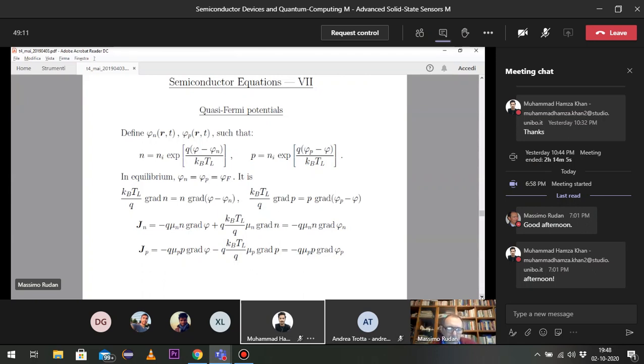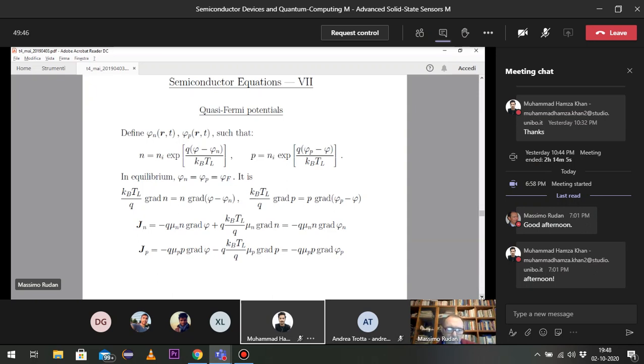And the gradient of the exponent is the gradient of (phi minus phi n) times q over kT, and the q over kT is shifted to the left, okay? So we have kT over q times the gradient of n is equal to n times the gradient of (phi minus phi n), okay? Similarly, kT over q times the gradient of p is equal to p times the gradient of (phi p minus phi), okay?